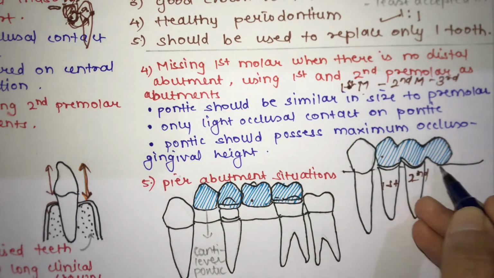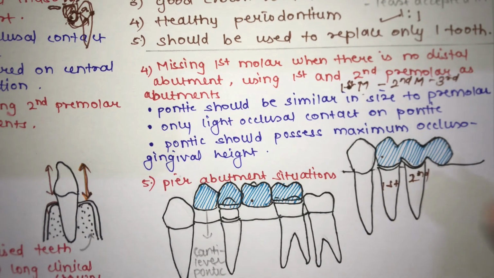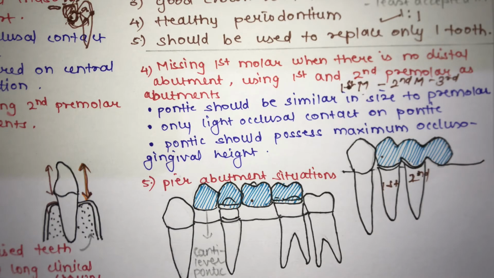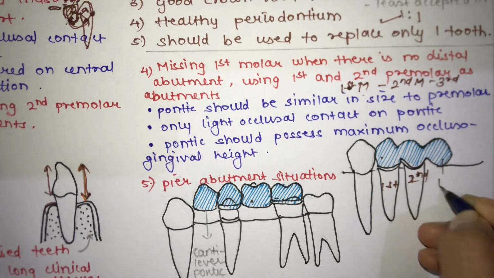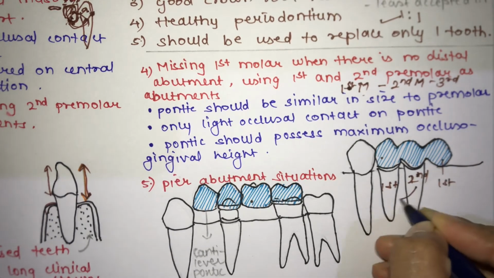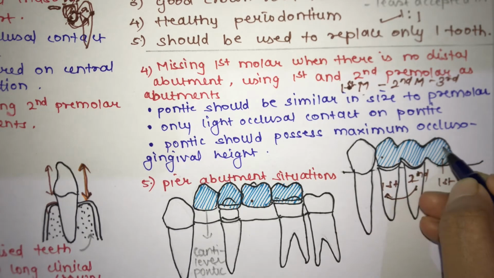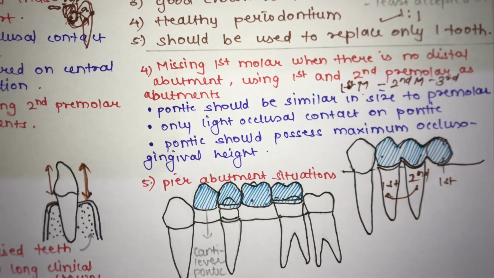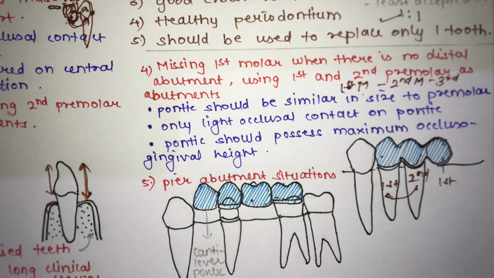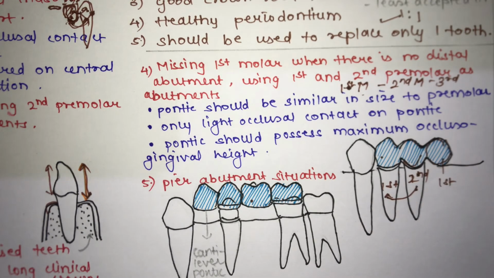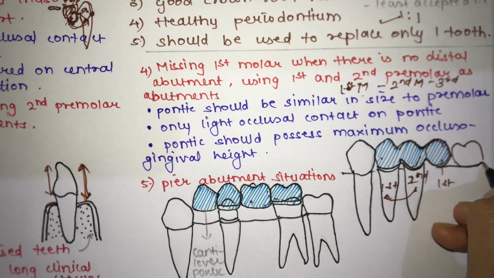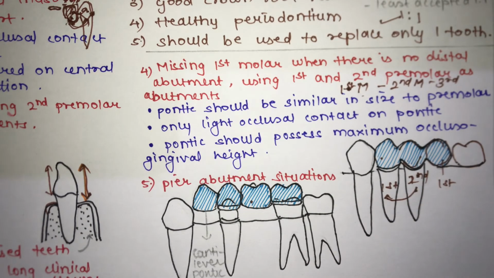Now over here you can see, whenever we are fabricating a pontic in such a case where your first, second and third premolars are absent, and you have to just fabricate the first molar and you're taking support from the first and second premolar, the size of this pontic should be similar to your premolars, because there are no teeth which are going to be present after this first molar. And even your premolars cannot support it if you fabricate a denture with molar-like dimensions.